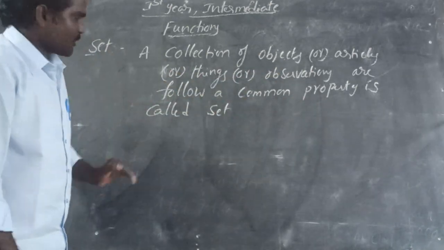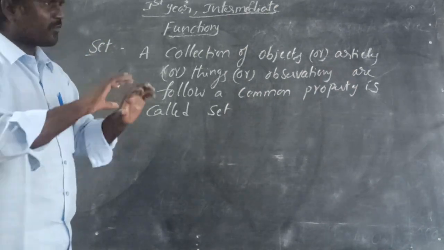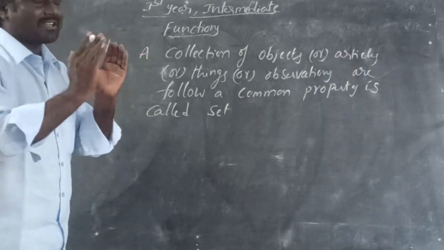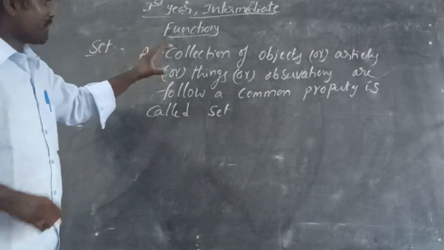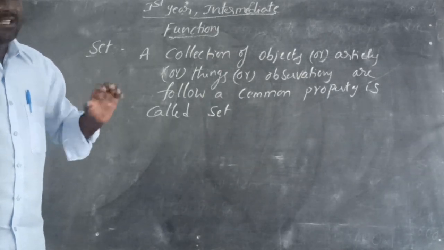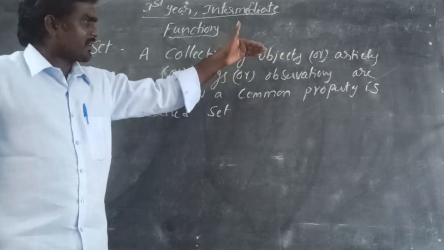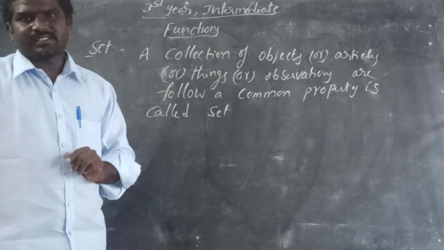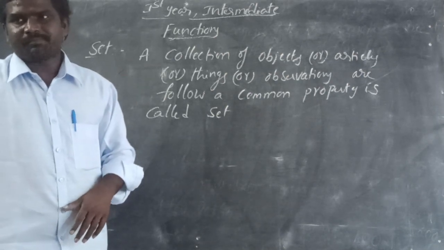A set is denoted by curly brackets. The set of observations we can put in curly brackets. The set we can denote by capital alphabetic letters. The observations in a set, the articles or things or objects, are called elements. The elements are denoted by small alphabetic letters.